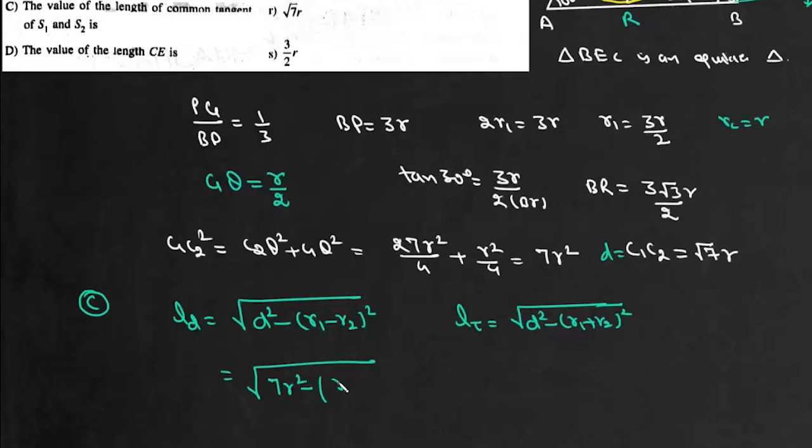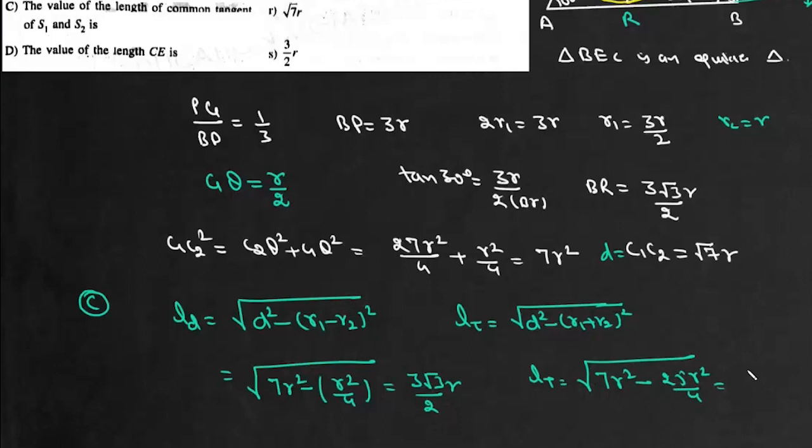So here we write this as under root of 7R square minus, now R1 minus R2, where R1 is 3R by 2 and R2 here is R. So if we subtract them, it will be R by 2. So there will be R square by 4. Now this is 28, 28 minus 1, 27, and 27 gives 3 root 3 R by 2. And the length of the transverse common tangent will be under root 7R square minus R1 plus R2, which is 5R by 2 whole square, so 25R square by 4.